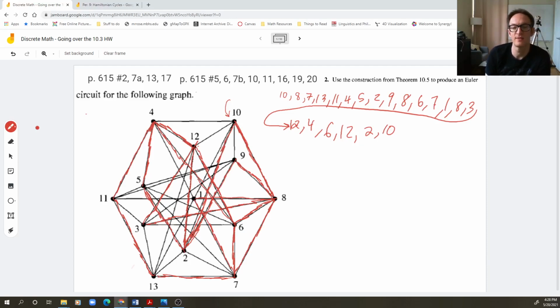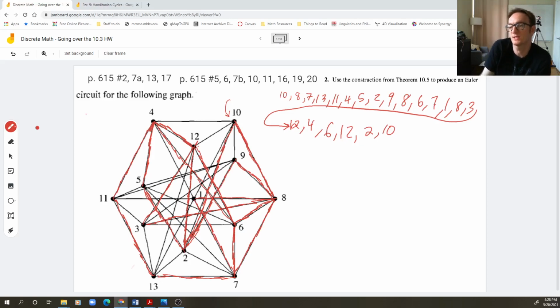And that must happen at 10 because it can't happen anywhere else that you run out of edges, because there are always an even number of edges at any vertex. But since at 10 we started there were an odd number of edges left. And so 10 is one of the places where we might get stuck.